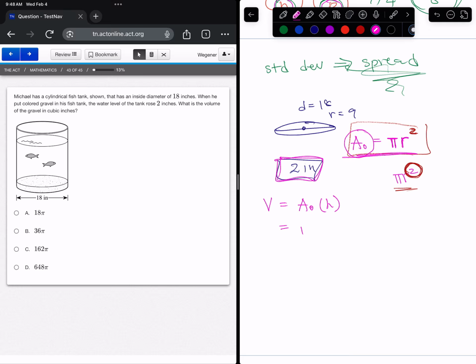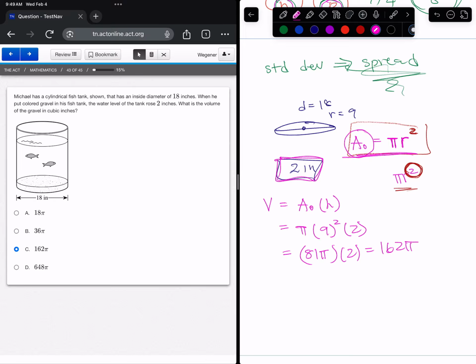So let's go ahead and put in our pi. R, again, is 9, so we're going to square that. That's going to be 81, and we're going to multiply that by 2, okay? So we got 81 pi times 2 gives us 162 pi. So the answer is C here, okay?